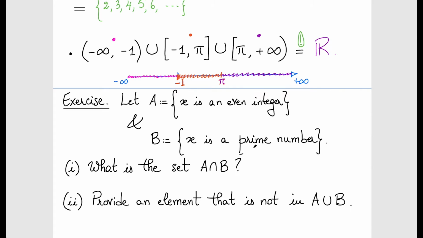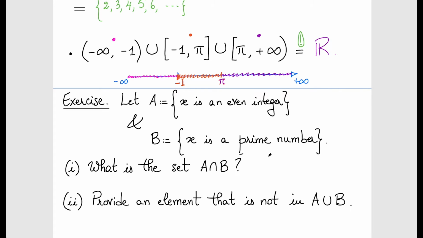Okay, so for example, 2 is a prime, 3 is a prime, because it's bigger than 1, and the only divisors of 3 are itself and 1. Correct?